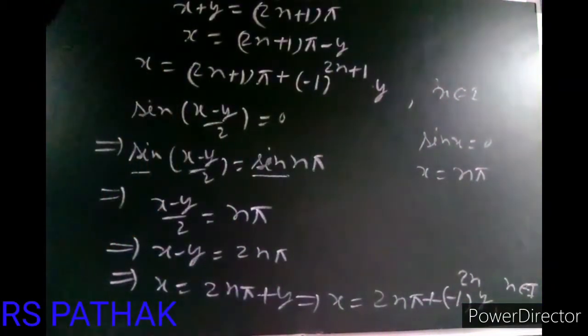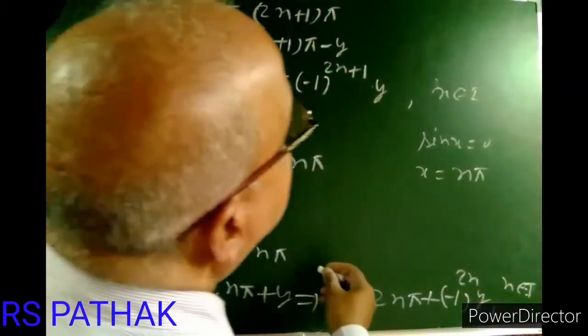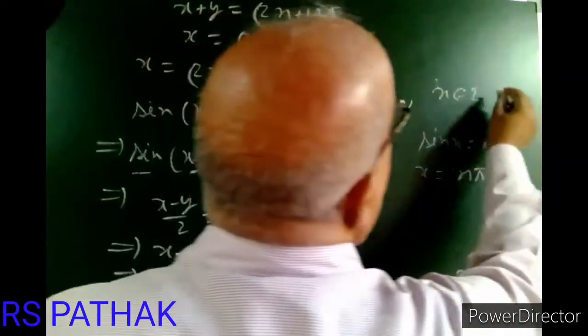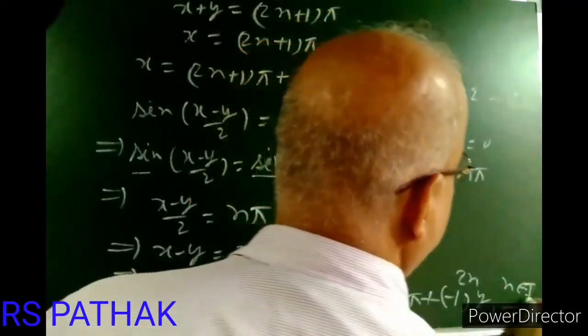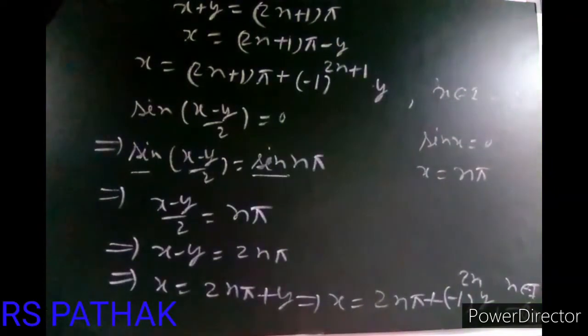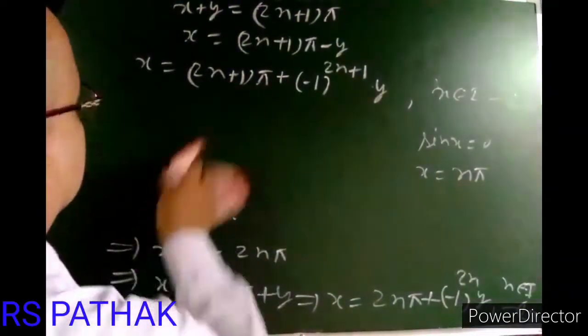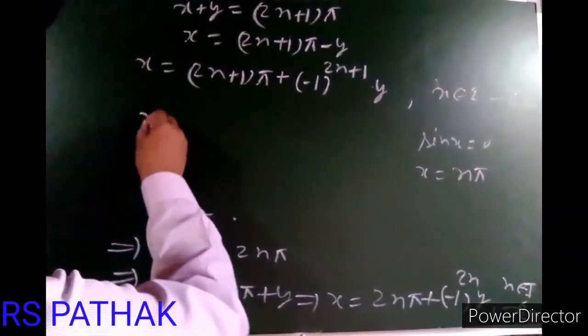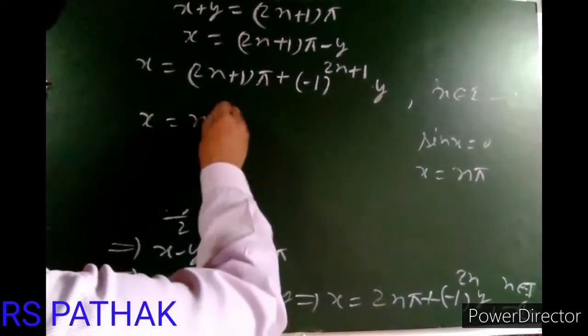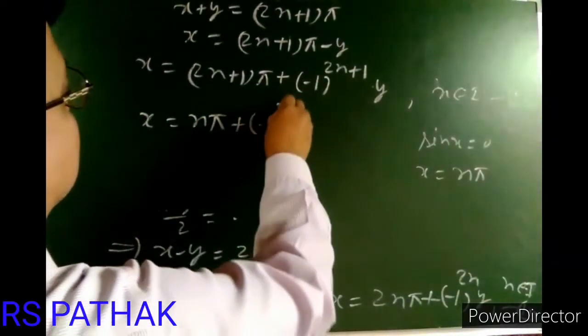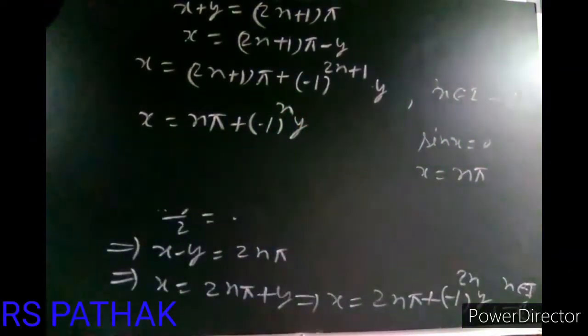Now combining this one and this two, combining these two, we can write it as x equal to n pi plus (minus 1) to power n y.